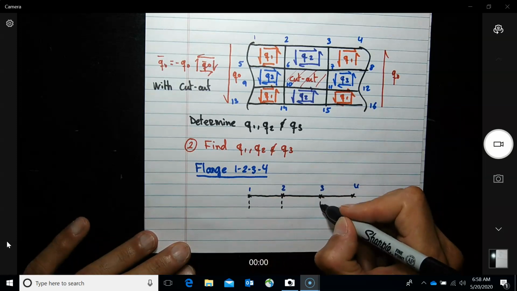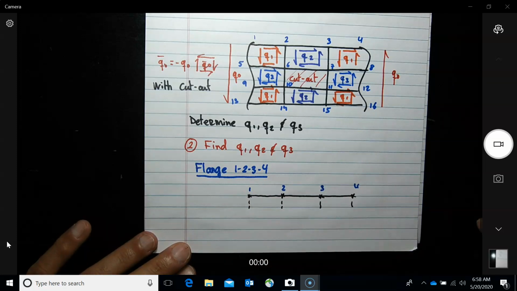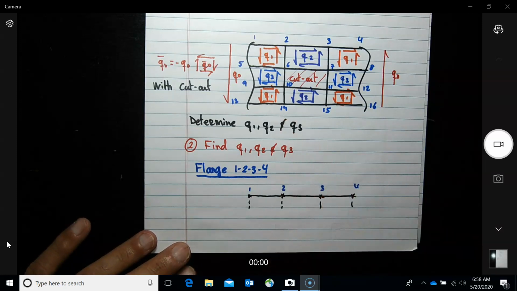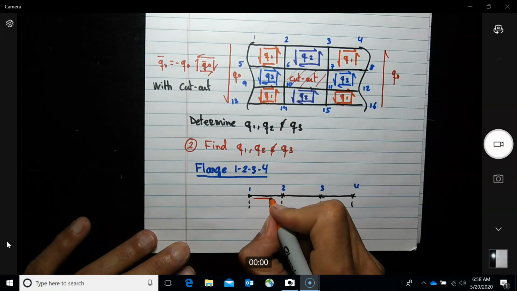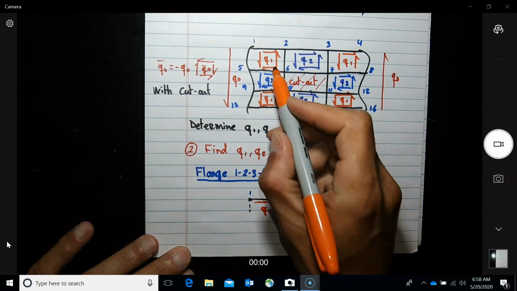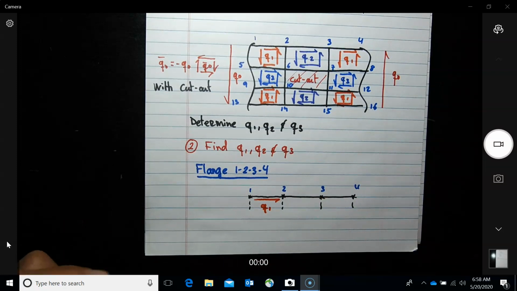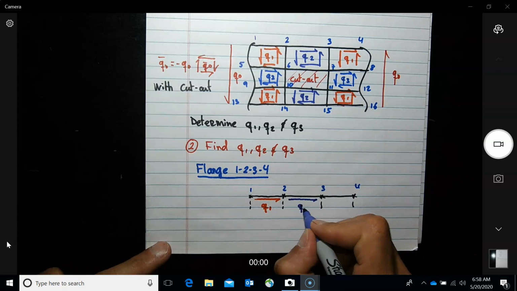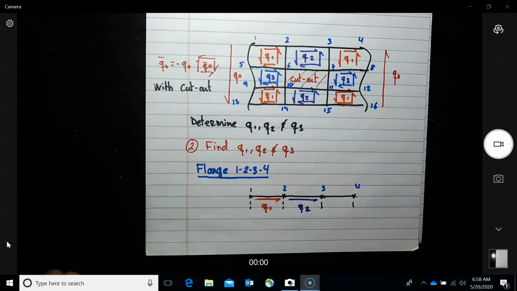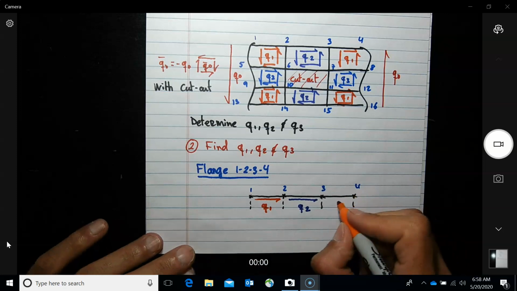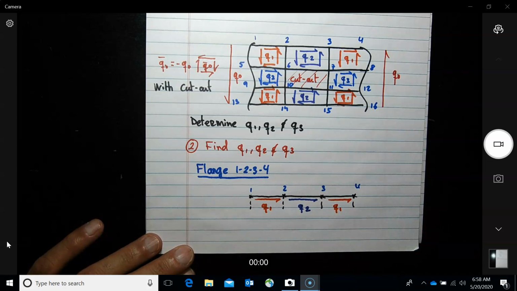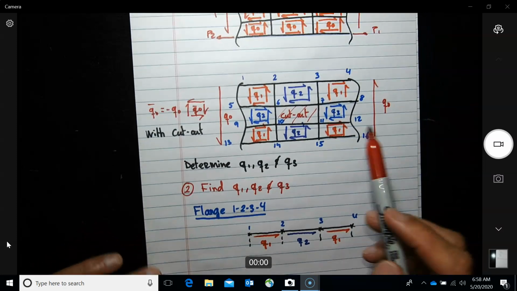This over here, to see that is some over here, so we know that over here we're gonna have Q1. Here I'm gonna have Q2, and here I'm gonna have again Q1, and all this is resisting what?